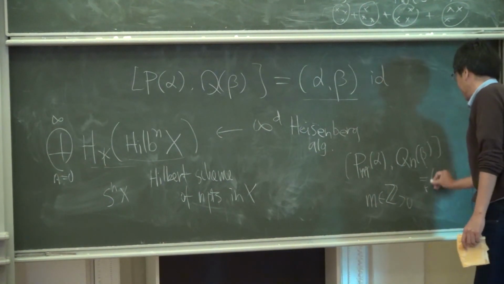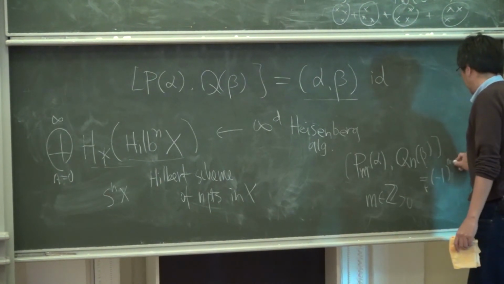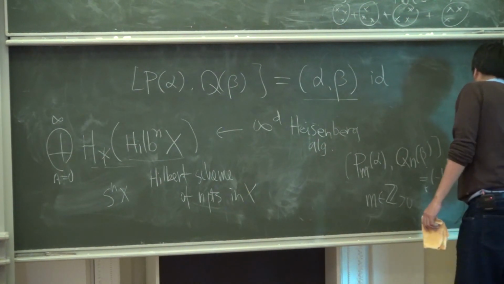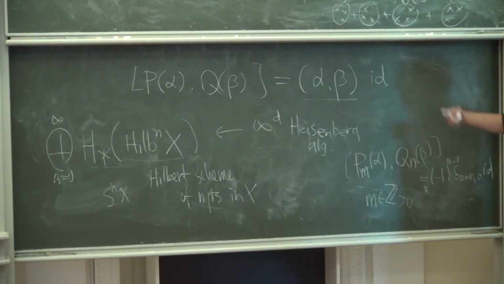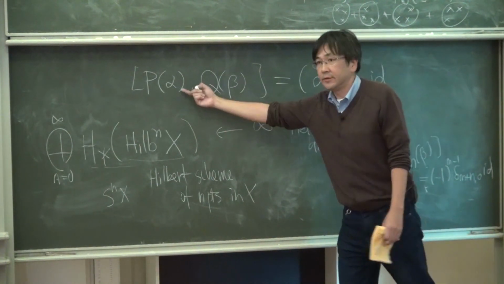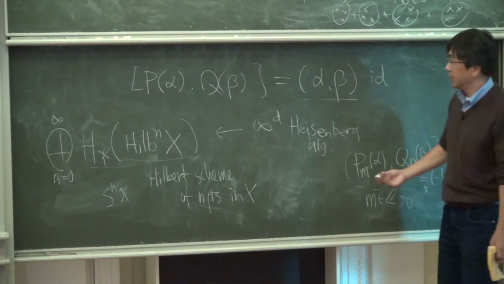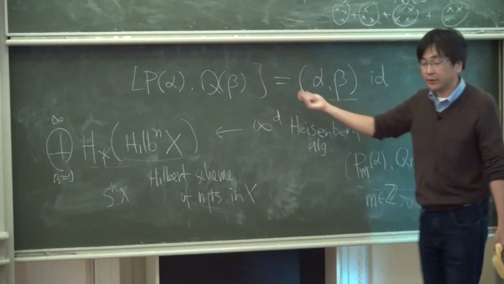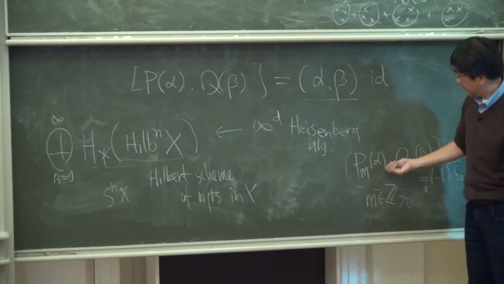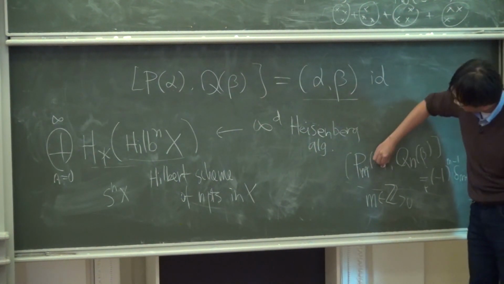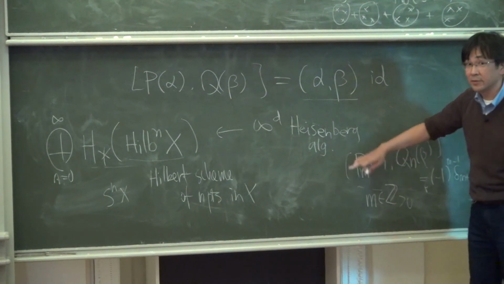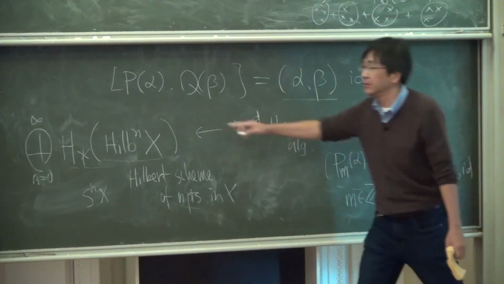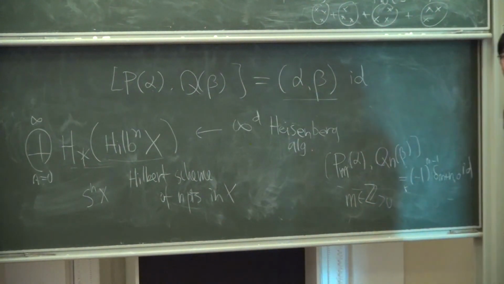The commutation relation is (-1) to the m minus 1, times delta m plus n, 0, times identity. So the algebra is very, very similar to this example. Instead of just coloring the operator by a cohomology class, you can color the operator simultaneously by the cohomology class on the base and also by integers. So you also have higher mode operators on this degree 1 Heisenberg operator.